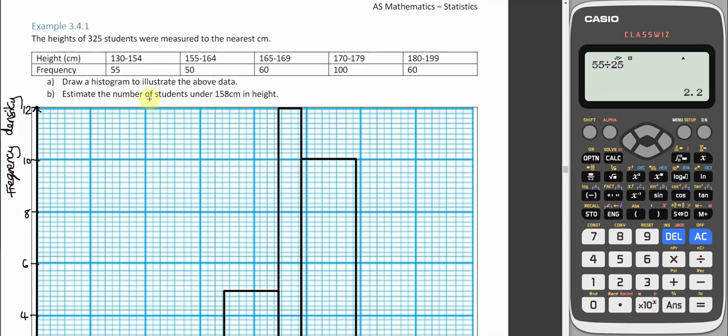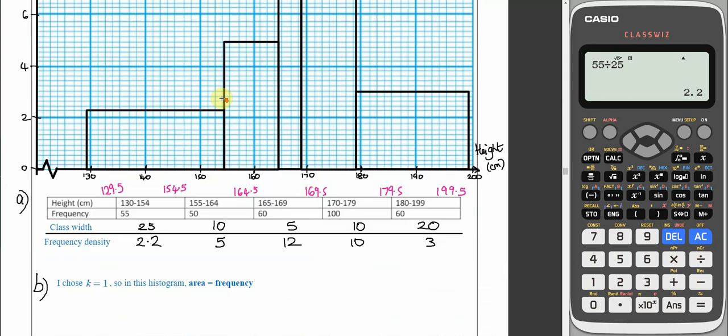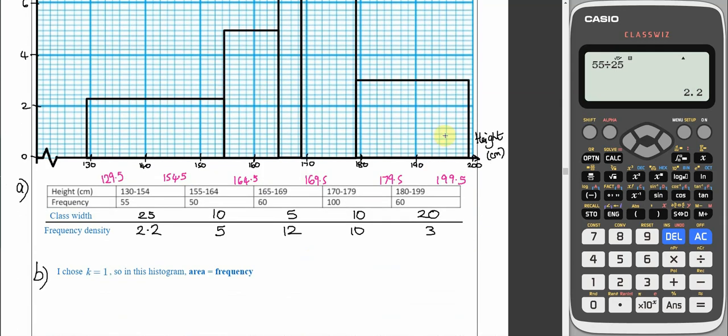So if we're estimating the number of students under 158 centimetres in height, have a think, how are we going to do that? Well, hopefully you've come up with the idea of finding the area under the histogram up to 158.